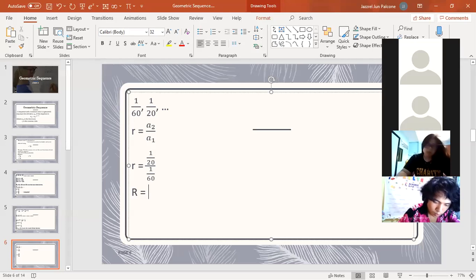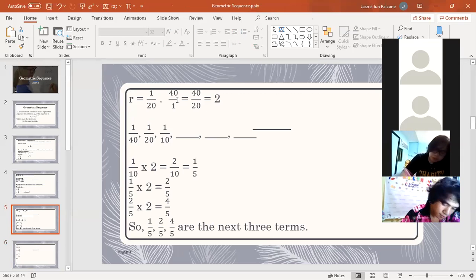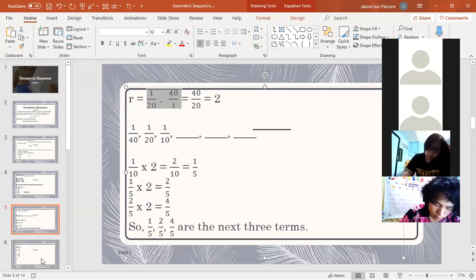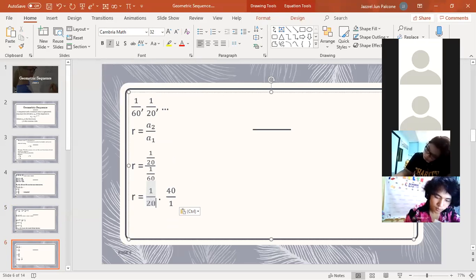R is equal to... Cassandra, what will be your next equation? 1 over 20 times 60 over 1 po. Okay, 1 over 20 times 60 over 1. Make sure lang na ganun din yung sa inyo. Equal. Thank you, Cassandra.